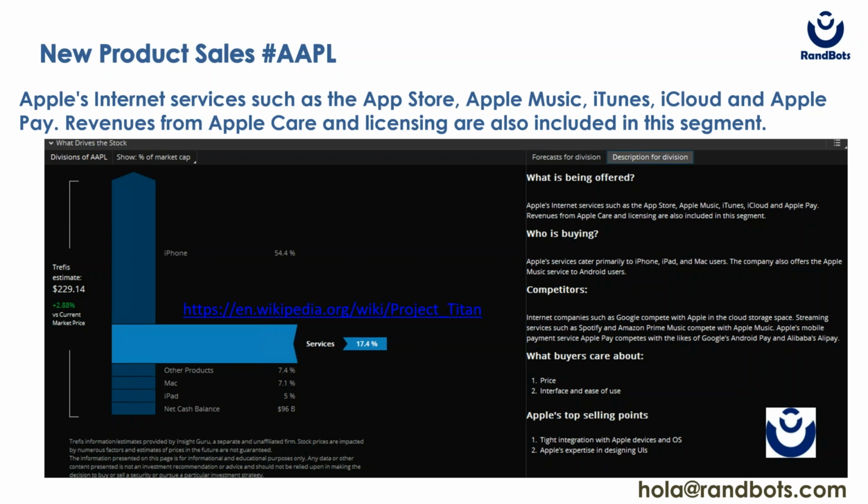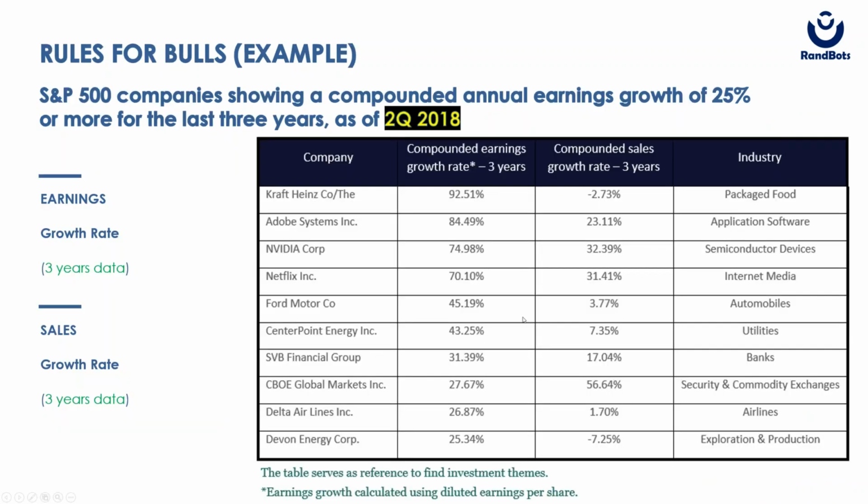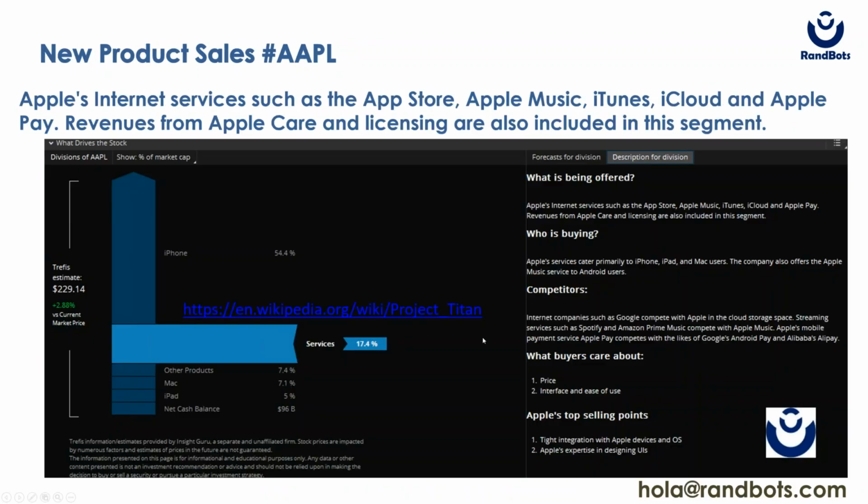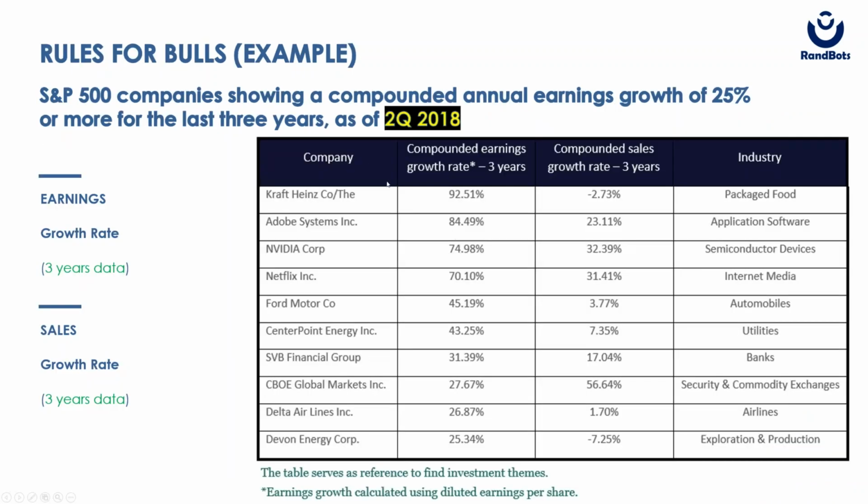But there is something on Wikipedia which is open, called Project Titan. So if you want to make a thesis why I think Berkshire would take such a large position, we can explore this here.